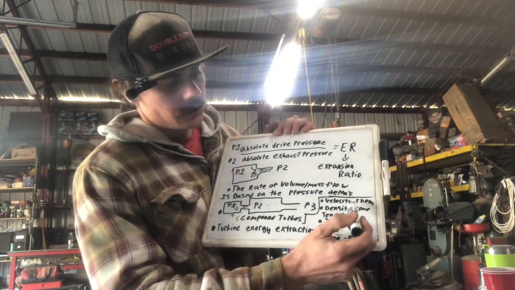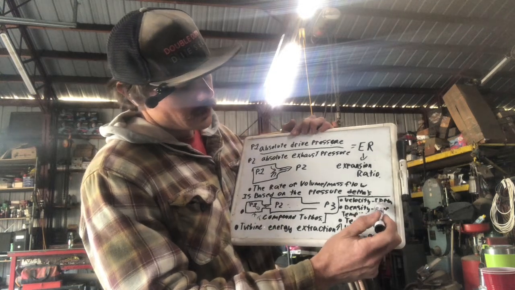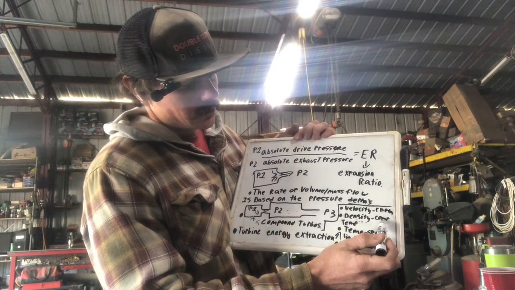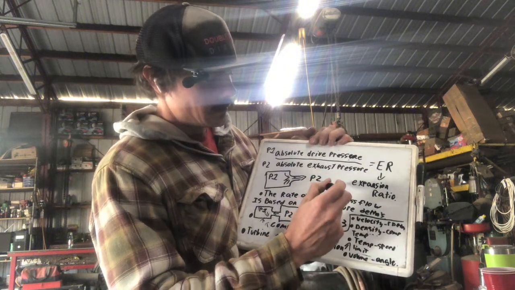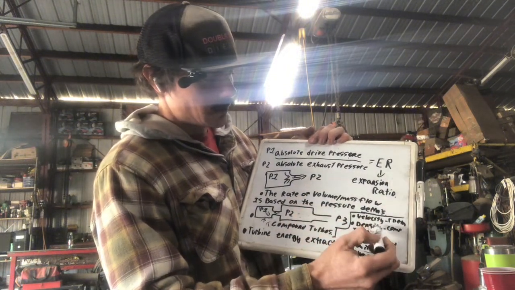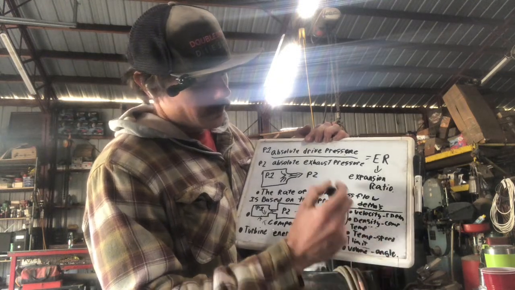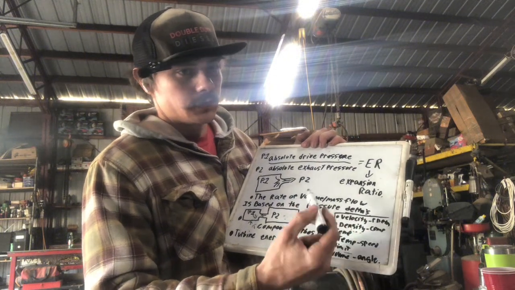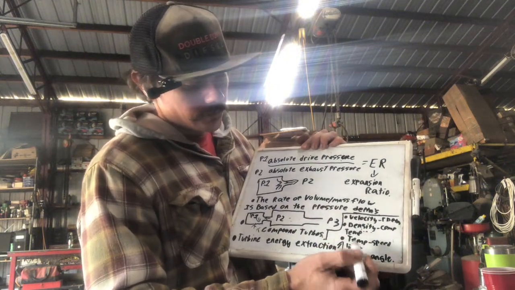So velocity is a big factor of your gas velocity. Is your pressure deltas. Your density is a factor of compression and temperature. So you get compression as your drive pressure goes up, your exhaust gas becomes more compressed. As the temperature goes up, the exhaust gas increases in pressure but reduces in its weight per cubic foot.